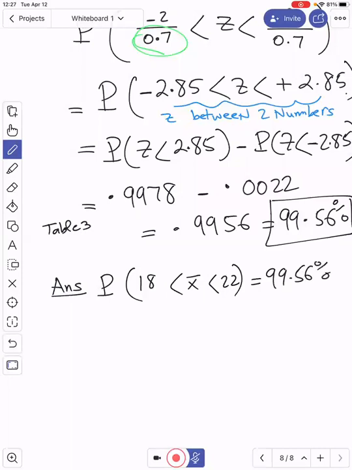All right, guys. Now, in part B, suppose that X has a normal distribution.